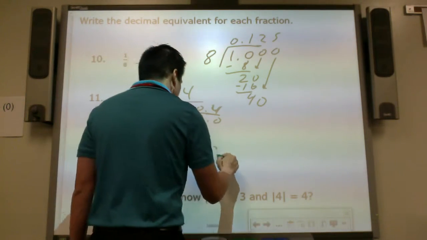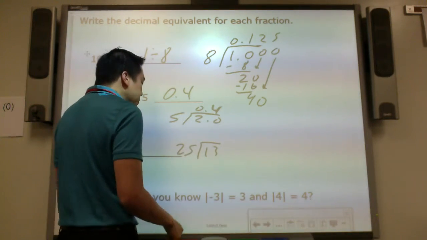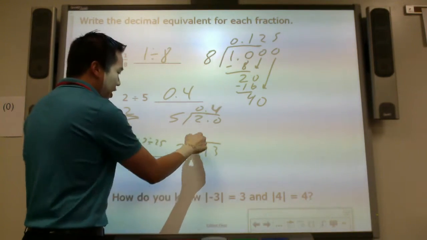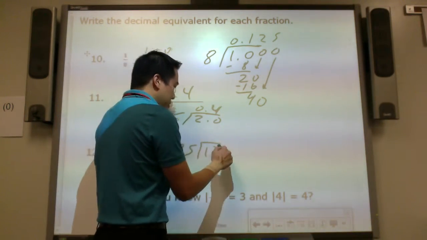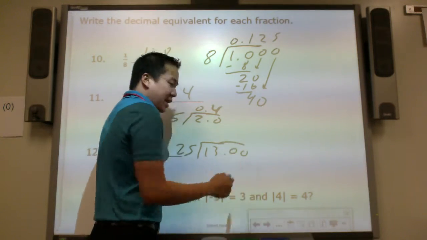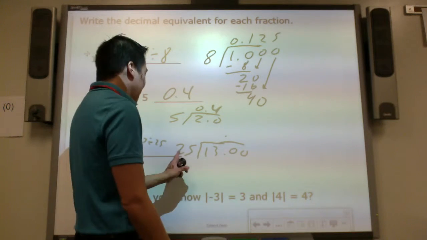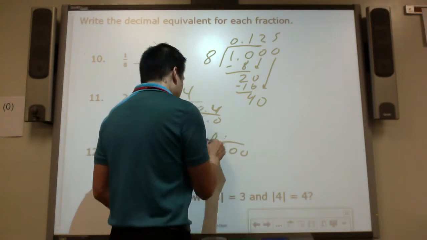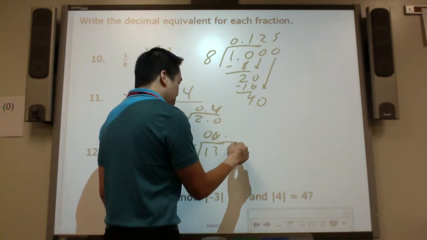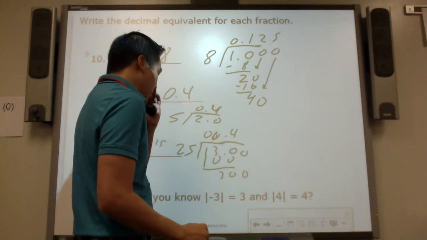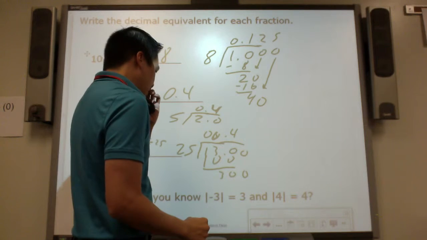Next one. 13/25. That's 13 divided by 25. 13 divided by 25 parts. Can 25 go in 13? I don't think so. So add some zeros at the end. Again, it does not change its value when you put a 0. Can a group of 25 go in 13? 0 times. Can a group of 25 go in 130? Wait, stop.